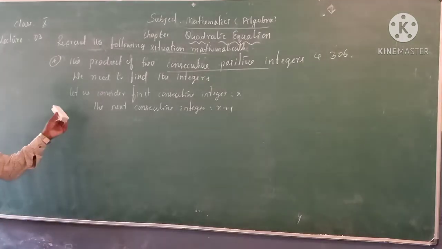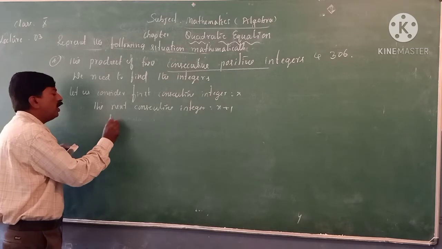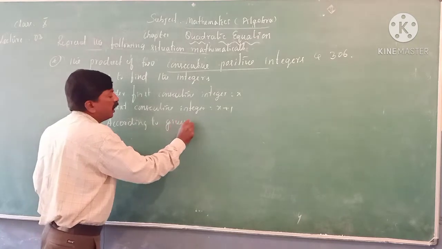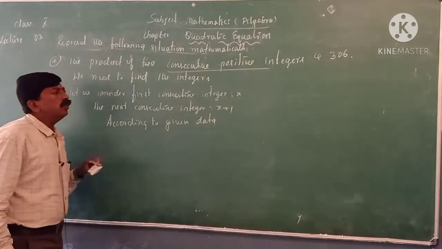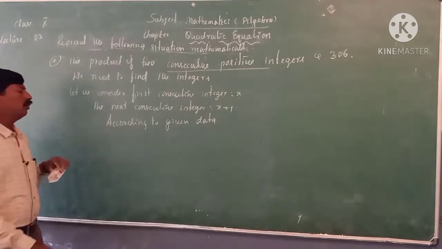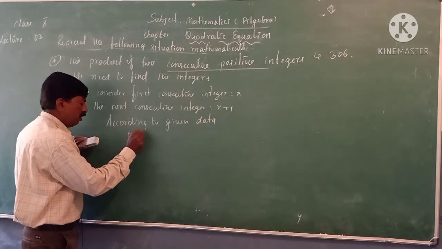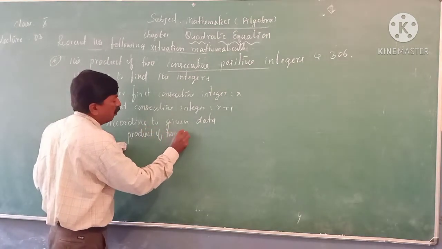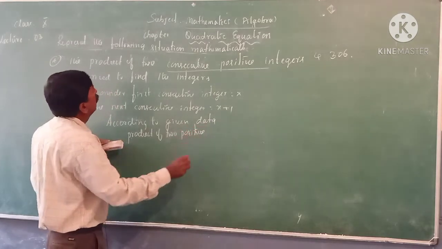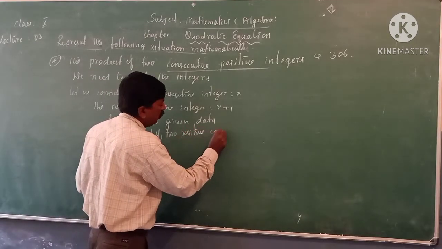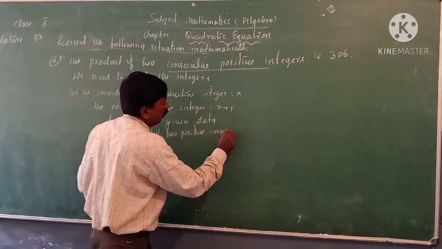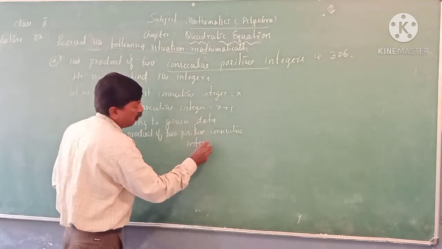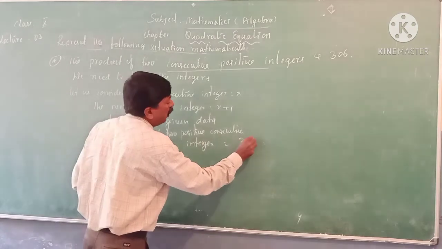Now read carefully: product of two. According to the given data, the product of these two positive consecutive integers is equal to 306.